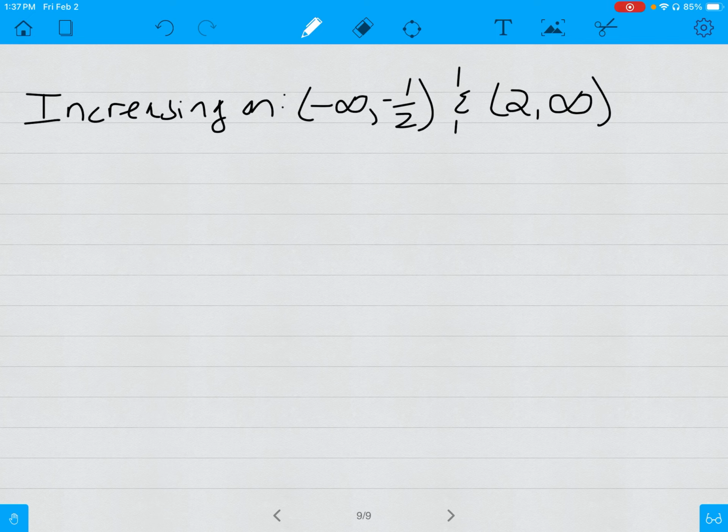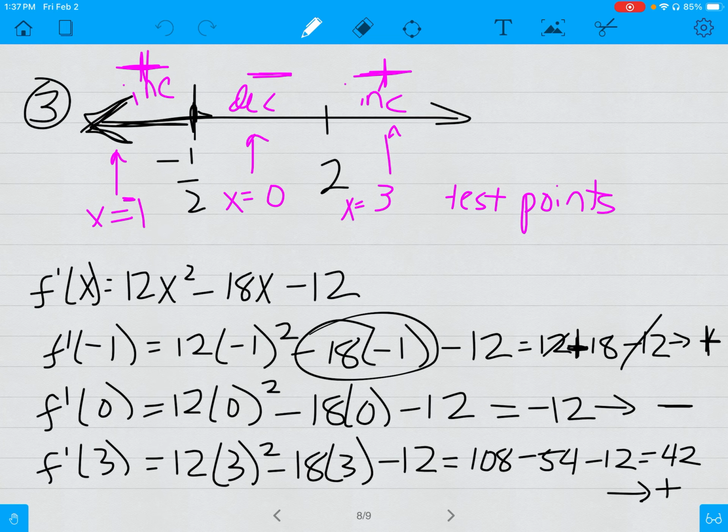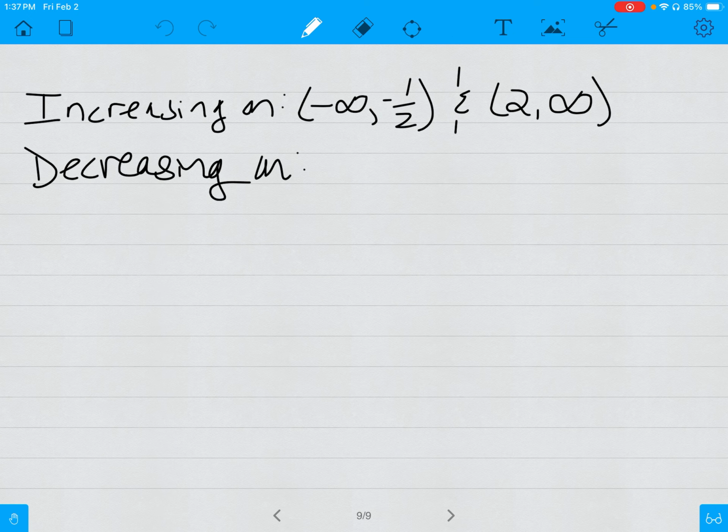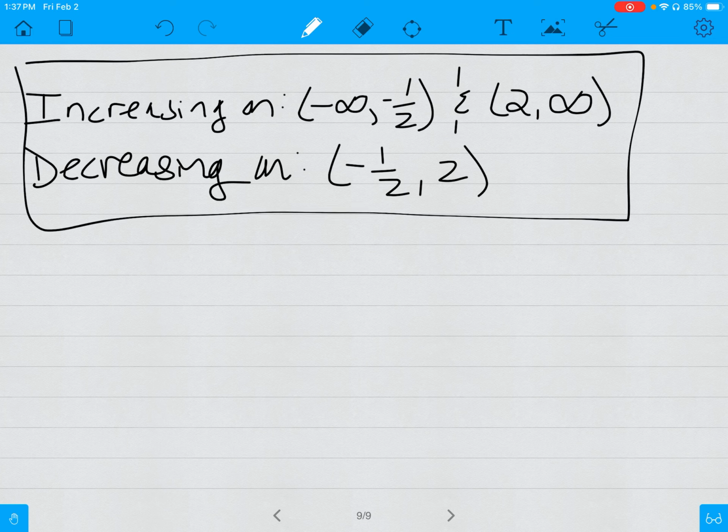Okay. And then in terms of where the function is decreasing, it's decreasing on the interval between negative 1/2 and positive 2. And again, we're not going to include either of those endpoints.